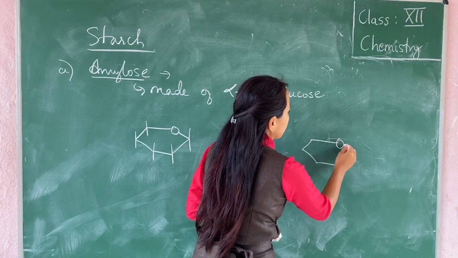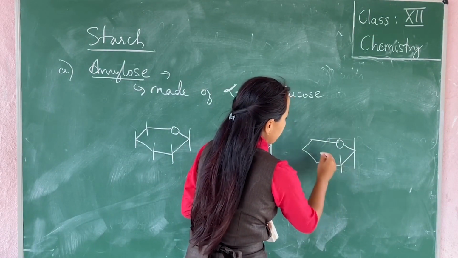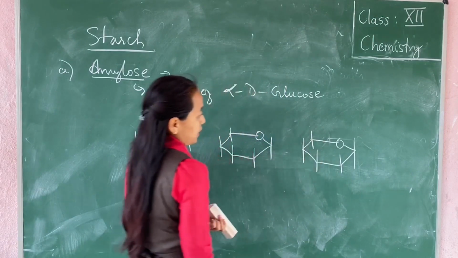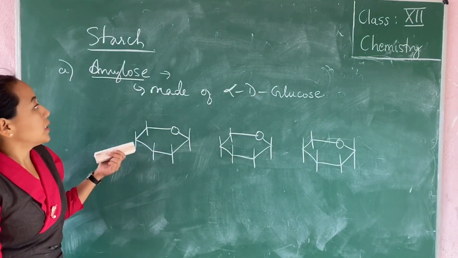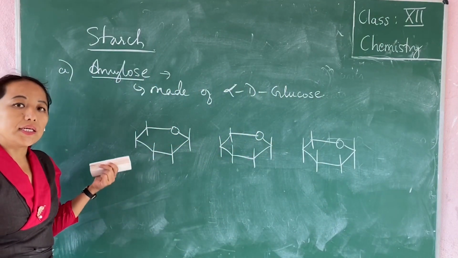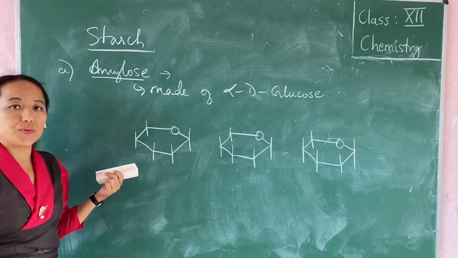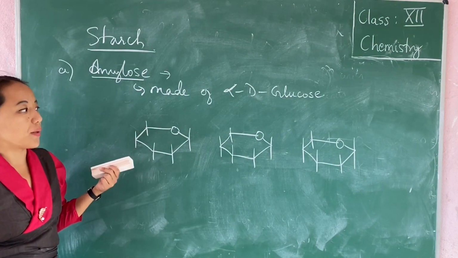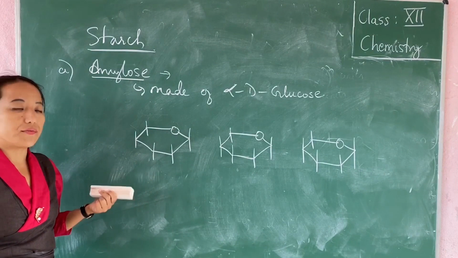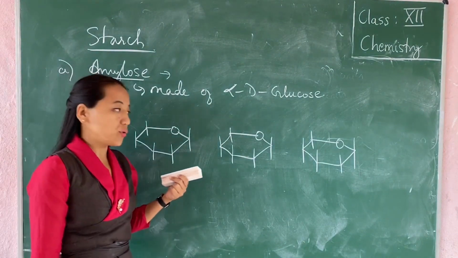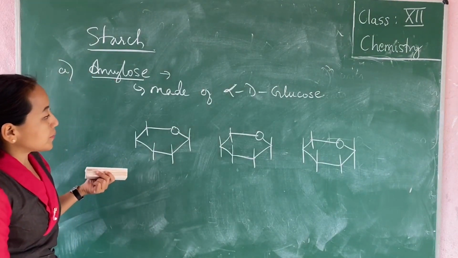Without knowing the structure of glucose, it is not possible for you to learn amylose, amylopectin, sucrose, lactose, maltose. All that depends upon the structure of glucose and fructose. So it is very important that you should know these structures.